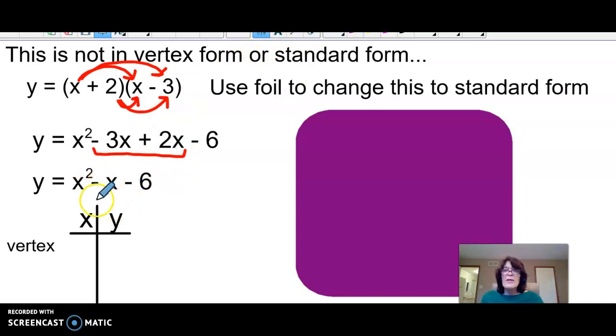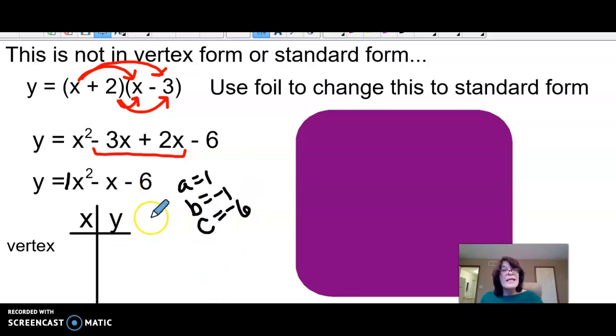We don't usually write the 1, but there's an understood 1 there. Okay? Now, that's standard form. I have that a equals 1, the number in front of x squared, b equals -1, the number in front of x, and c equals -6.